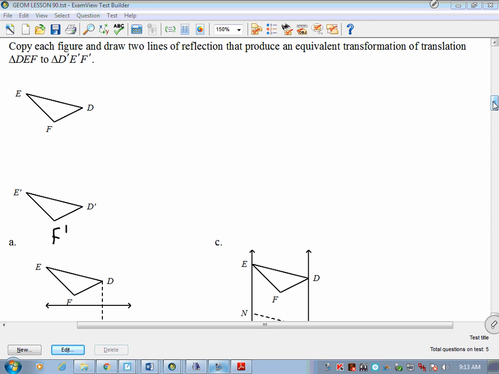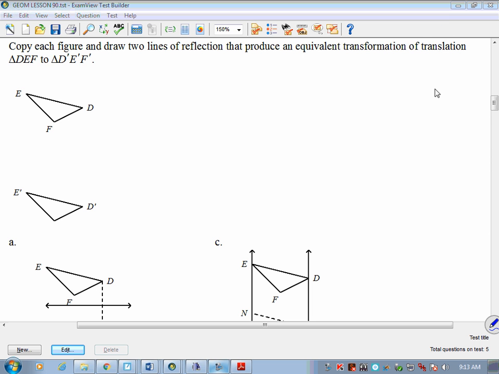Okay, so what kind of lines do they have to be for it to reflect across both those lines and for it to look like a translation? Parallel lines. Okay, so we can simply draw two parallel lines between them in order to get this.